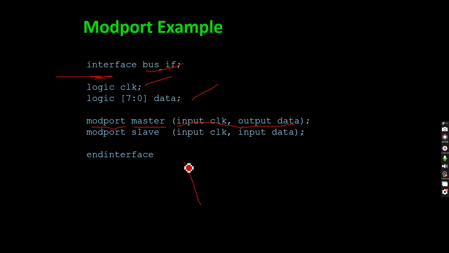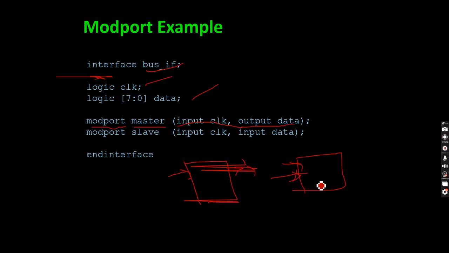Let's say master is a separate RTL; for this, the input is clock and the output is data. Whereas there is a separate RTL code again, modport slave, with input clock and input data. So the signal direction can be decided in the mod ports. Mod ports are subsets of interfaces, and you can decide the signal direction in them.